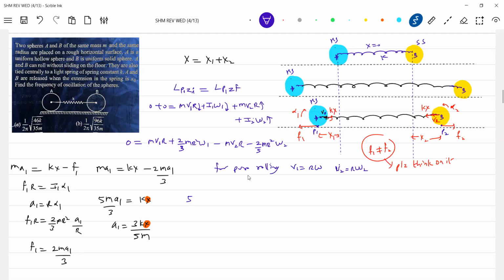Okay, I wanted what you are writing. That equation only I simplified, sir. So this will be omega 1. You can write it as V by R. One more step, I'll write it.